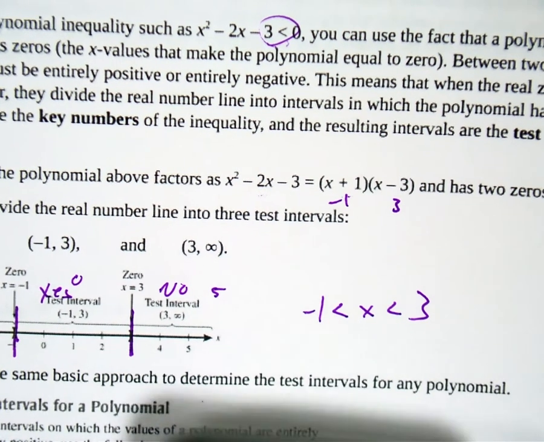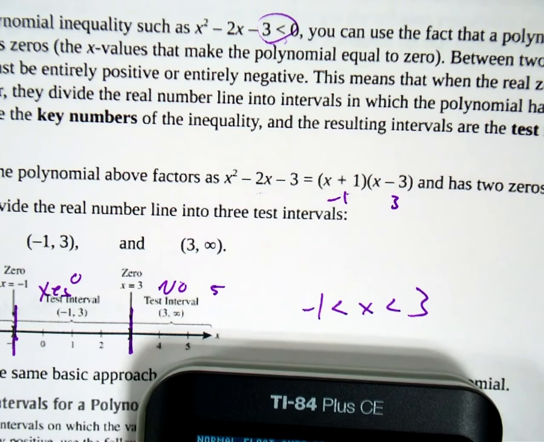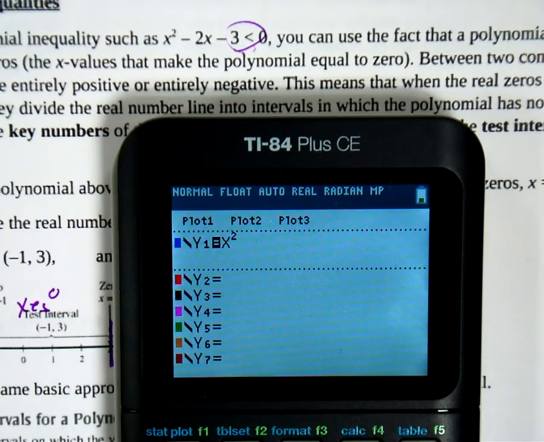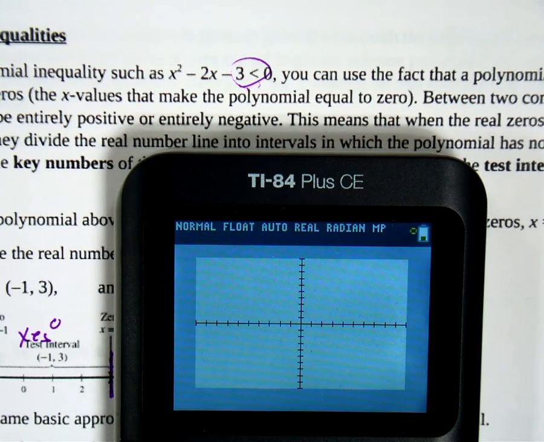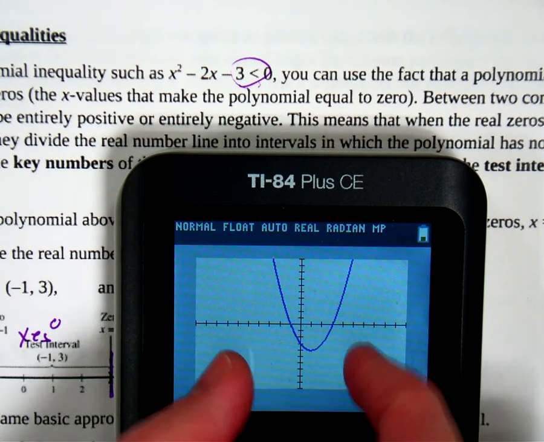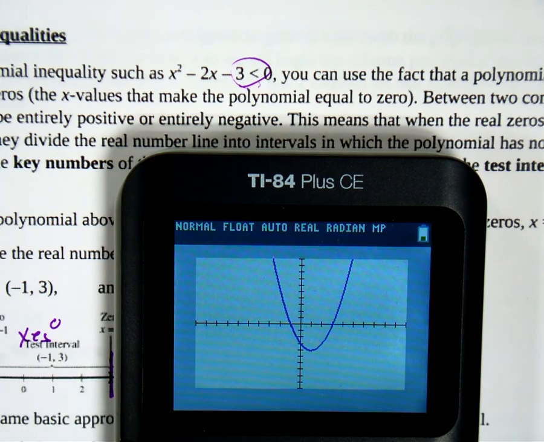And also, if you want to get super lazy, graph x squared minus 2x minus 3. Where is it less than 0? Between negative 1 and 3. So there you go.